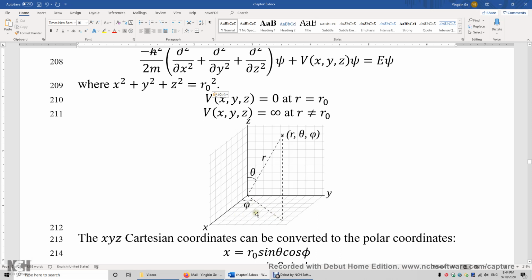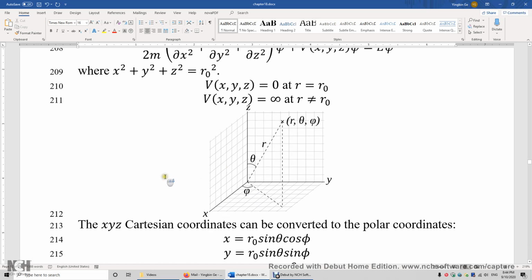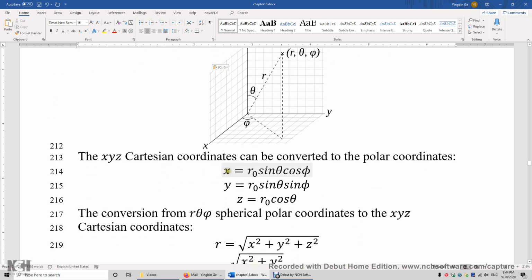So we can convert xyz to r theta phi, and also we can convert r theta phi back to xyz. So x is r0 times sine theta cosine phi. Y is r0 times sine theta sine phi. Z is r0 cosine theta.